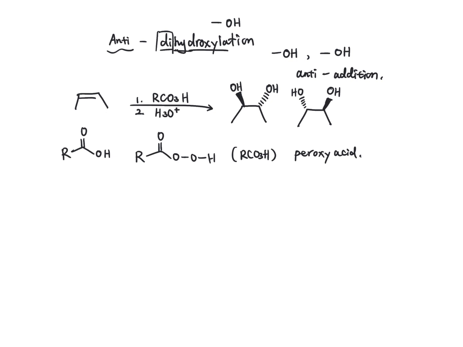And a lot of the time there is a very specific peroxy acid we use in the lab. It's called MCPBA. So that is the short term. That is this compound right here. M stands for meta. That is a meta position.